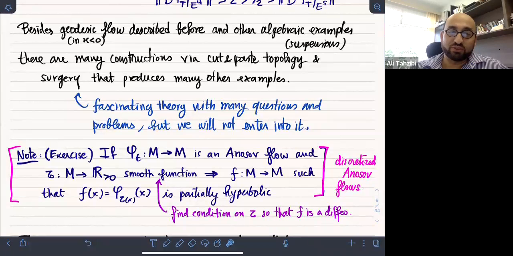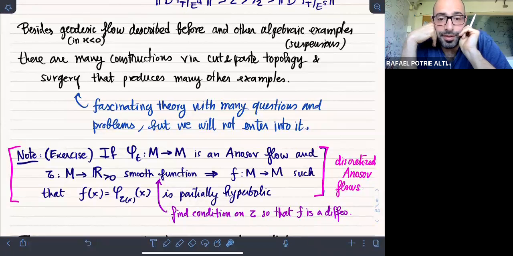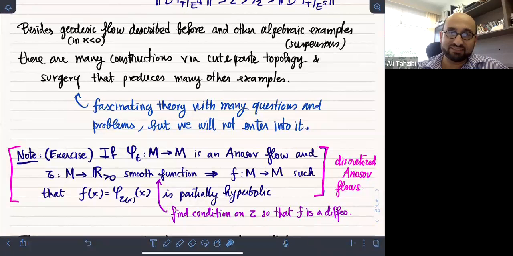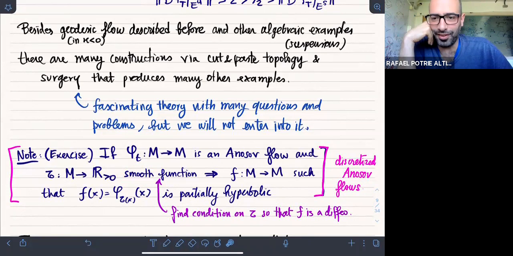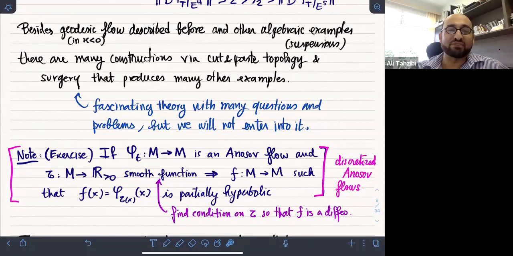So in your second exercise, you're still assuming smoothness, yes? I'm putting this condition on purpose so that you don't need to be careful about the other things. Is it reasonable to ask the following question?